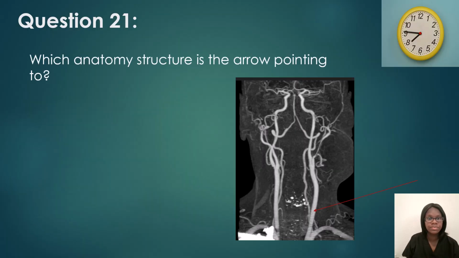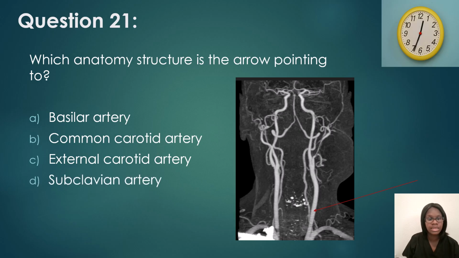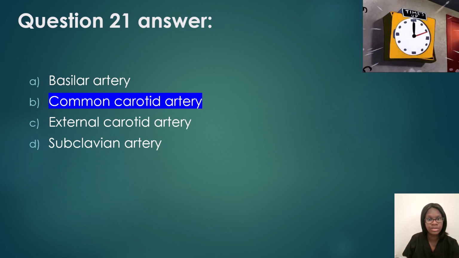Question 21. Which anatomy structure is the arrow pointing to? A, basilar artery, B, common carotid artery, C, external carotid artery, D, subclavian artery. All right, the correct answer is B, common carotid artery.